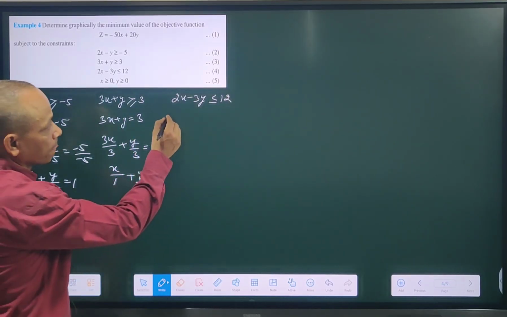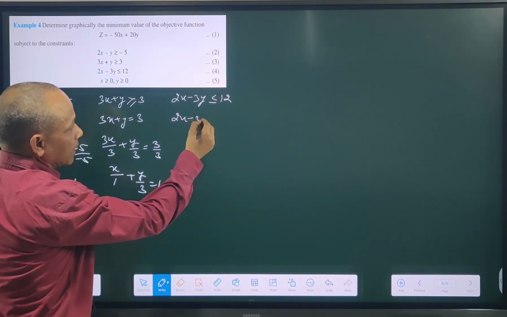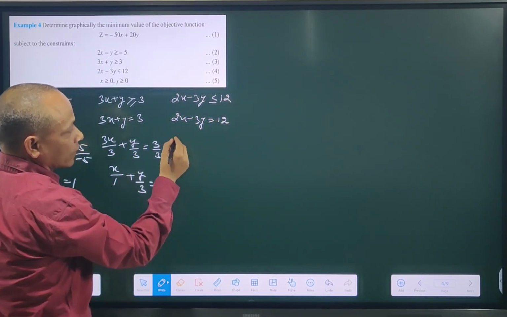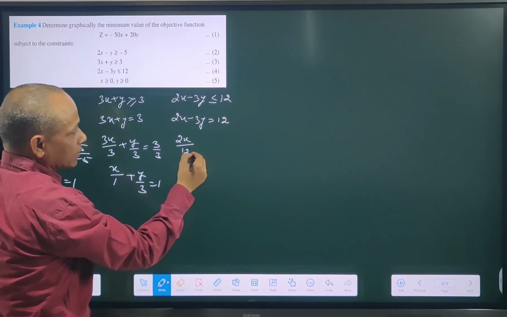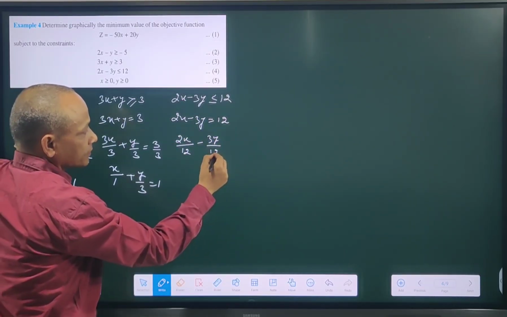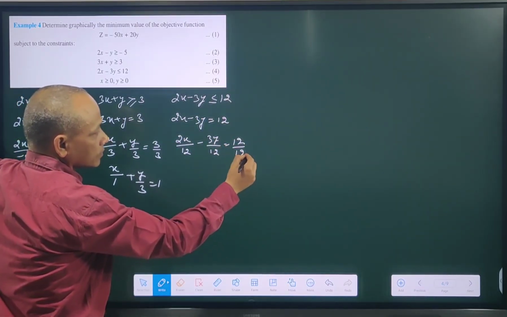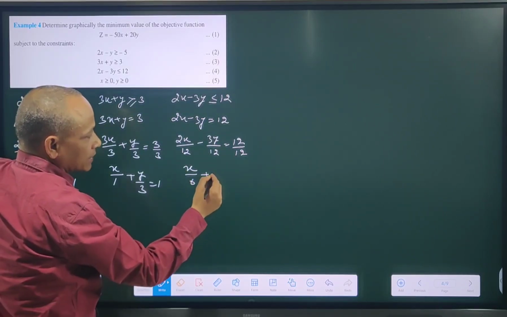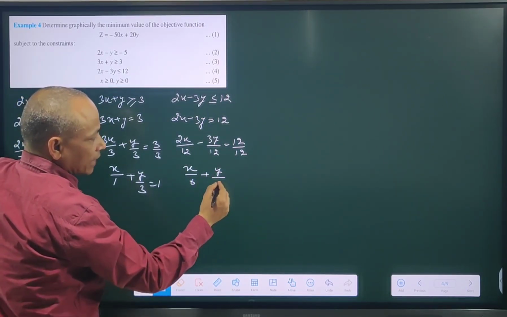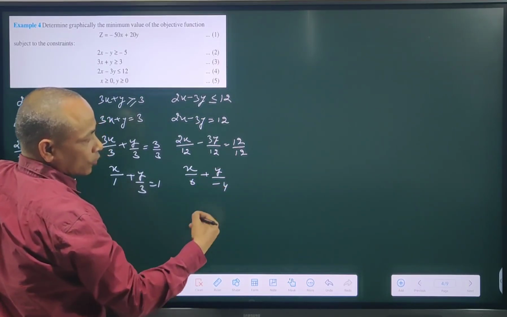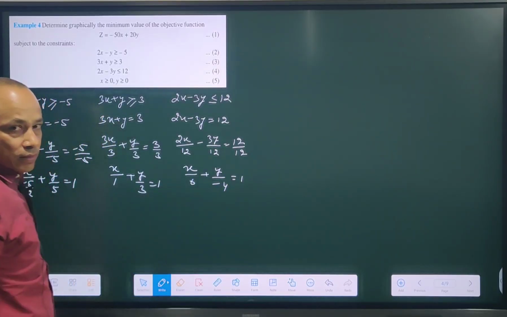Third one is 2x minus 3y is equal to 12. Divide both sides by 12. x divided by 6 plus y divided by minus 4 is equal to 1.